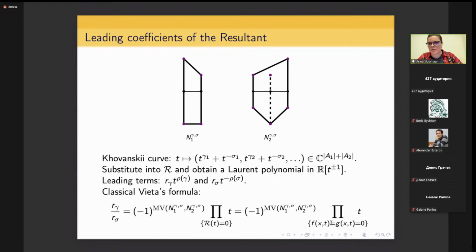These roots are going to be roots in the algebraic torus, and in the algebraic torus we can multiply things component-wise. But here what we need to do is take the product over all second coordinates of all the roots of this polynomial system of two equations. And we win if we can find an explicit expression for this product.